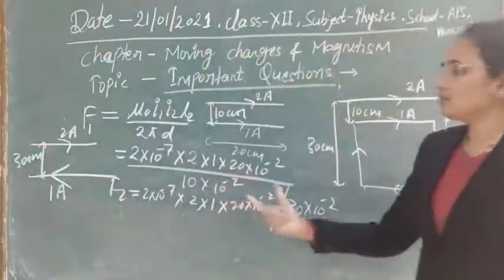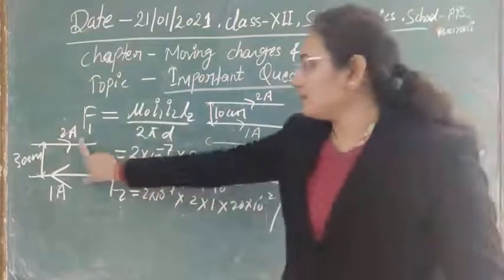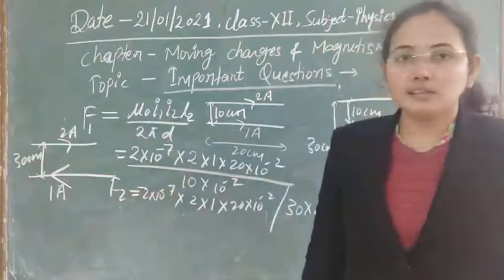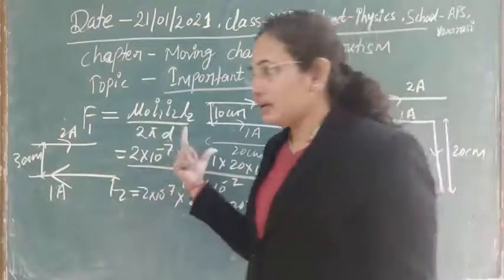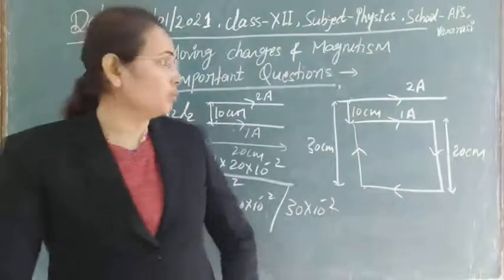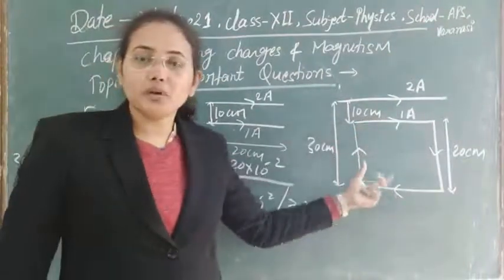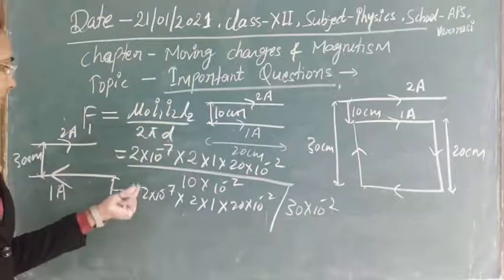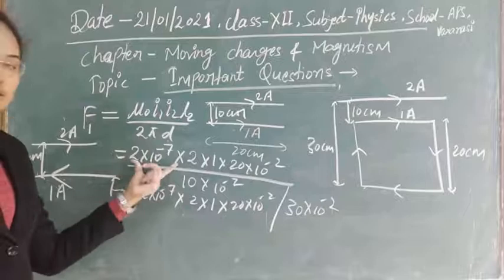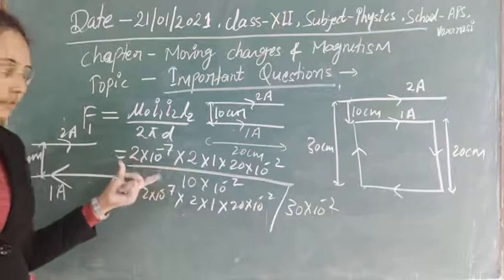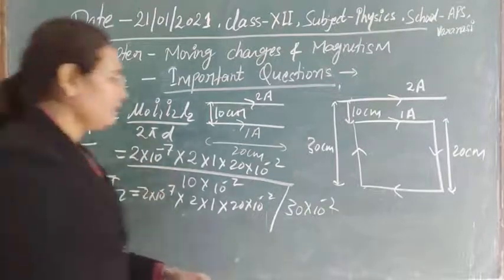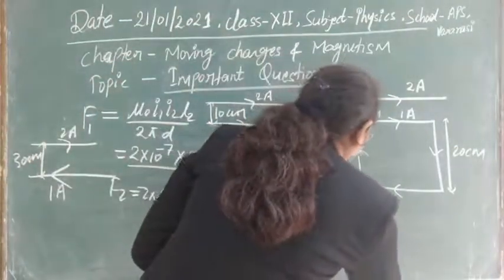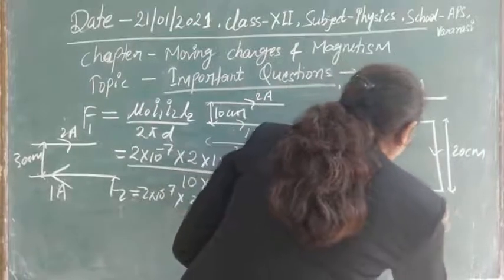As in both cases the currents are in different directions, this will be minus due to the different directional currents. The net force developed in this loop will be the sum of the forces, F1 plus F2, which means you take the difference between these two quantities, and finally we get the value 5.3 into 10 to the power minus 7 Newton.